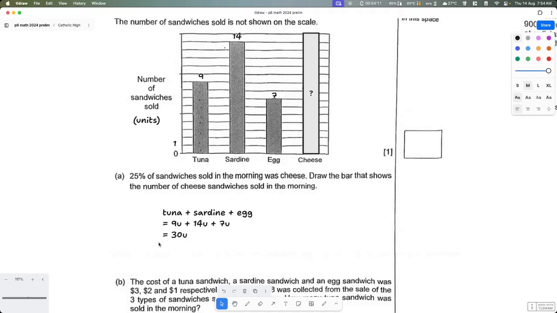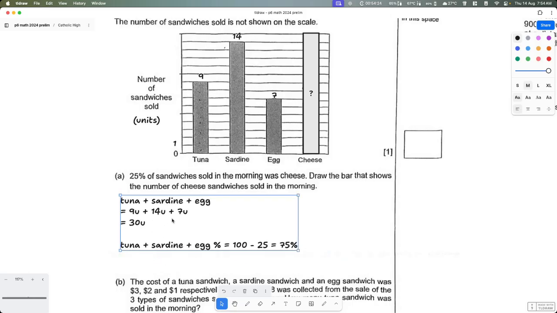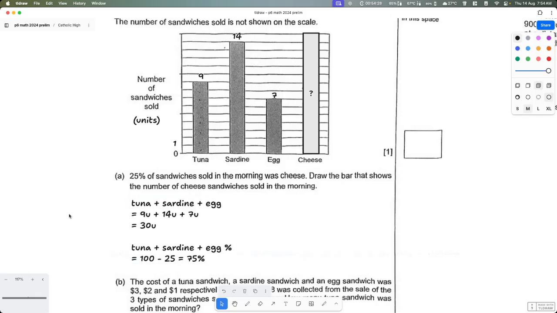So tuna, sardine, and egg percentage is equal to 100 minus 25, which is equal to 75%. So from here, that means in this case, 75% is equal to 30 units.